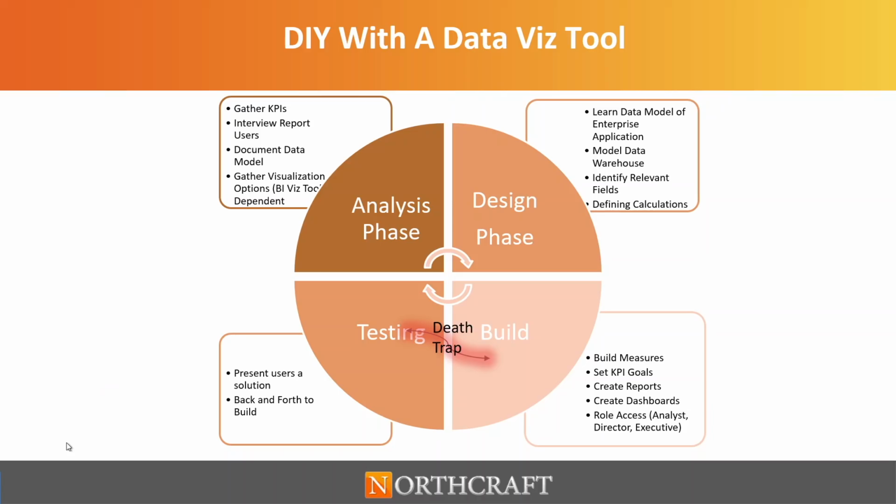Okay, so if you want to implement, let's say, a solution only for incident management for ServiceNow, and you want to build it with your BI team, there are some activities involved. First, we're going to gather our key performance indicators, reading books like Measuring ITIL. We're going to interview the current report users, take screenshots, and develop report requirements.